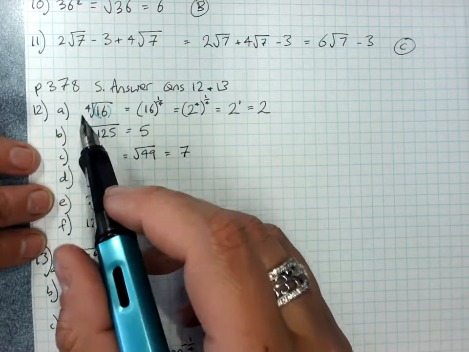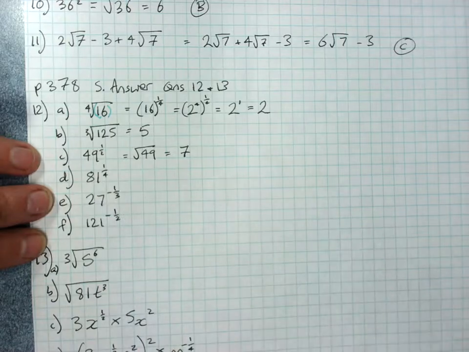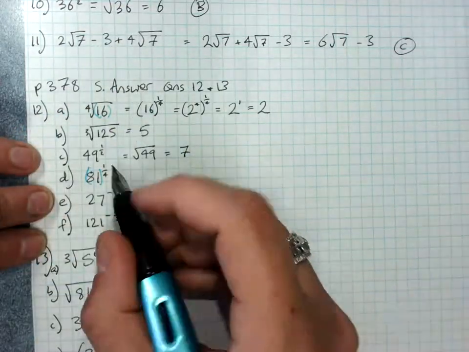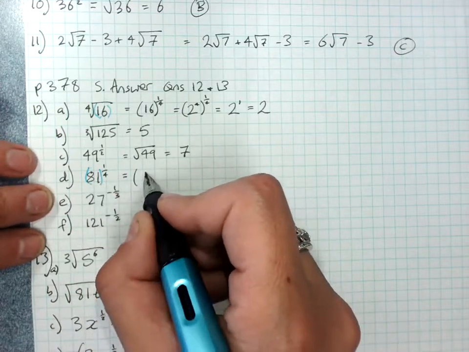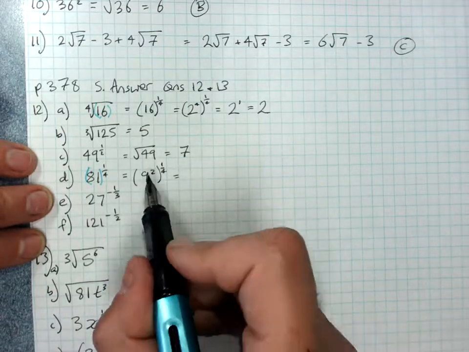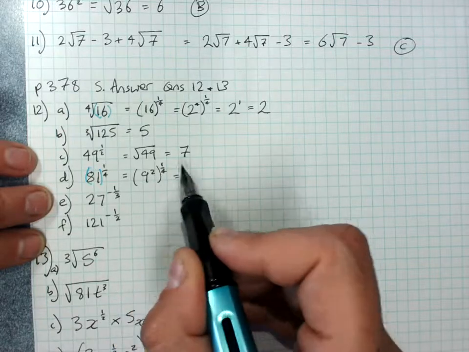81 to the power of 1/4. Now this is this sort of question. Pop the 81 into brackets and rewrite it as a power, because it's a square number. We've got 9 squared to the power of 1/4. Multiply the powers, that's 2 over 4, which is 1/2.